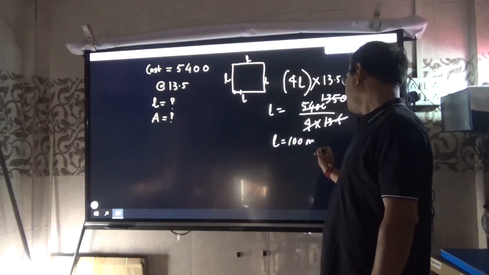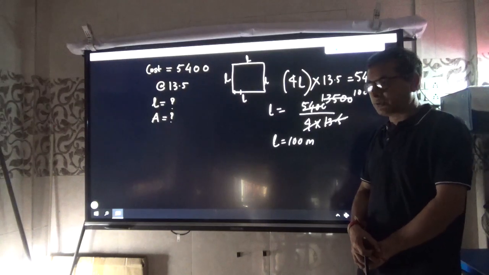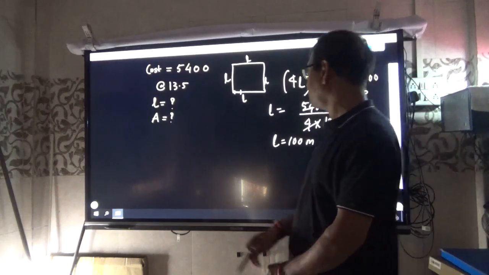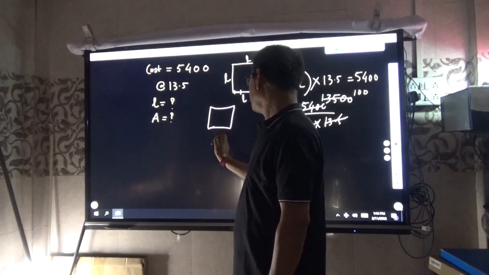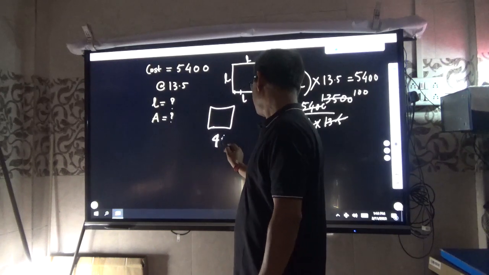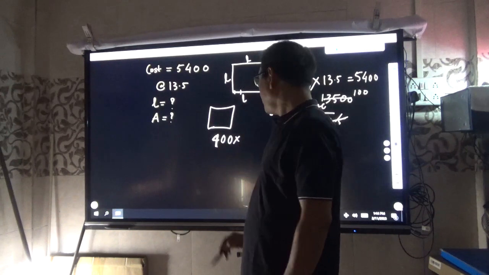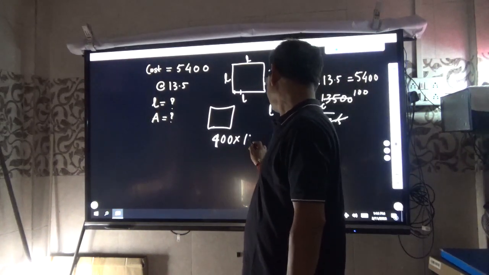Correct? Now if you want to test whether we have done this sum correctly, let us try to find out. So it is 100, 100, 100, 100. So total fencing length is 400. So 400 into per meter 13.5.